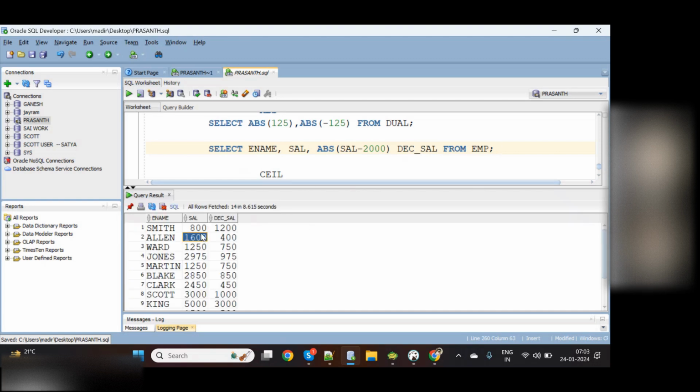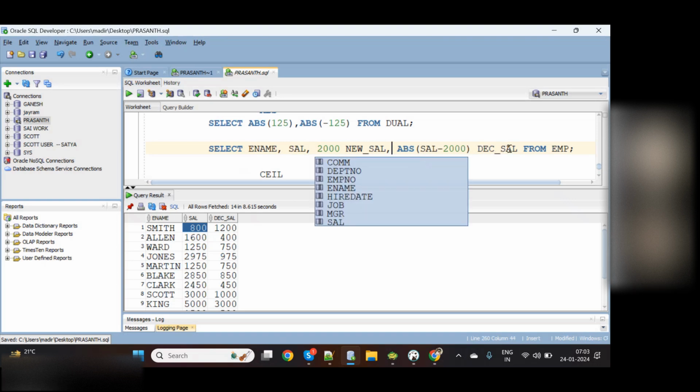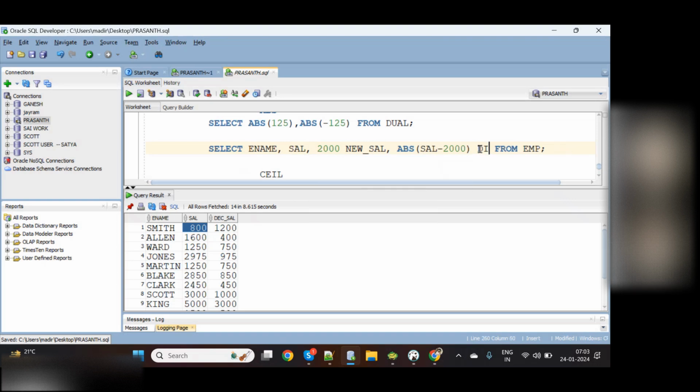So see, you will hard code the value, like the new salary. So here I write difference. That means from next month onwards, they want to give you 2000.